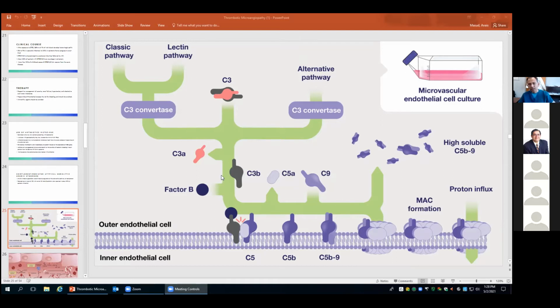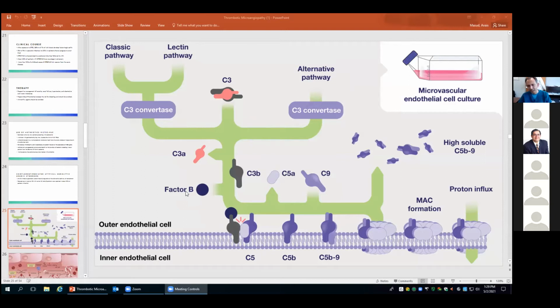In this whole pathway, it is closely regulated, because if it keeps going too active, it can cause disease. There are some factors which control the overactivation, and some factors which help in activation. So it's a very delicate balance between activation and inhibition, to keep it under control.